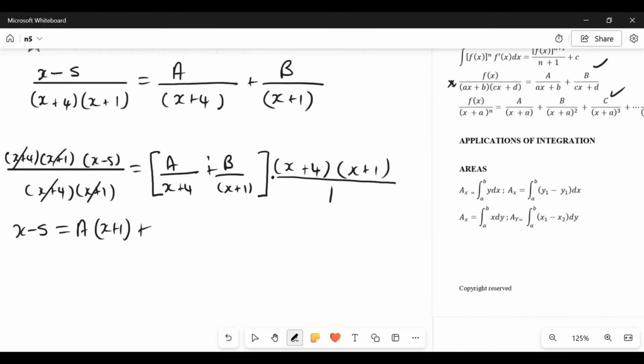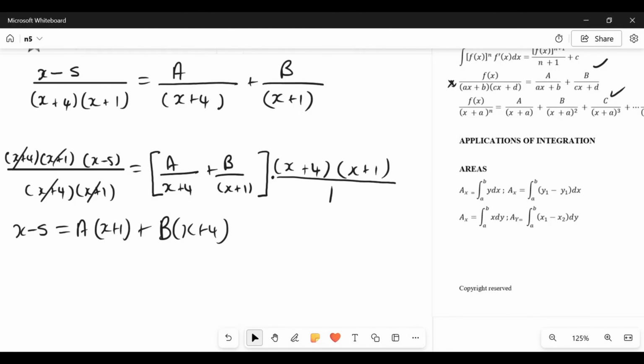There we go. Plus that plus there. And then we do the same thing. If you multiply b divided by x plus 1 with everything that is outside there, this x plus 1 and that x plus 1, they're going to divide each other. So you're only left with b with x plus 4. So x plus 4. Now it's linear. We can start working on it.